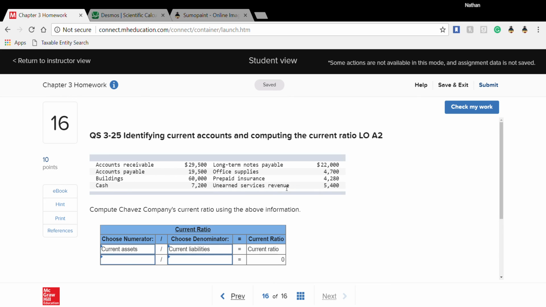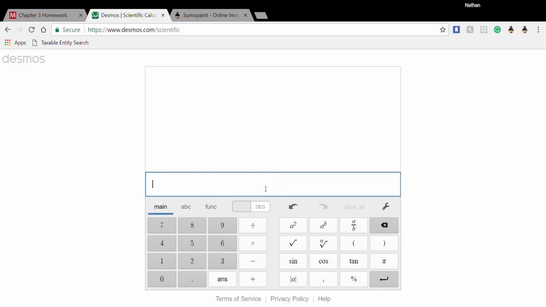So basically we just want to add up our current assets and our current liabilities. So again, accounts receivable, let me clear this out.